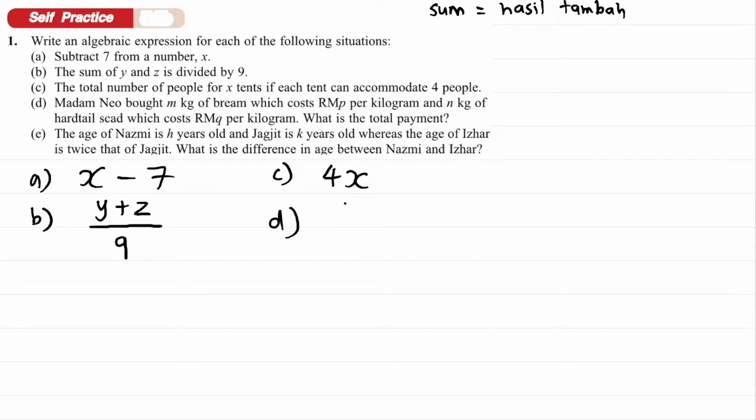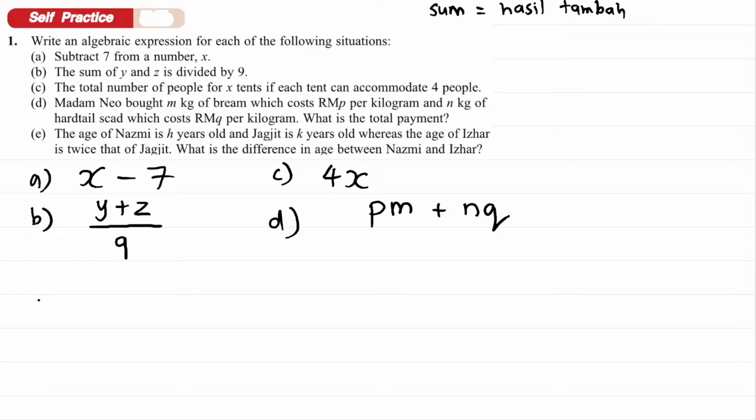So apa kita kena buat? RM P ni kita darab dengan dia punya M. So 1 kilogram tu sekilo kan. So M kat sini tak payahlah RM tu. Okay. So dia adalah PM tambah NQ. Macam tu je.